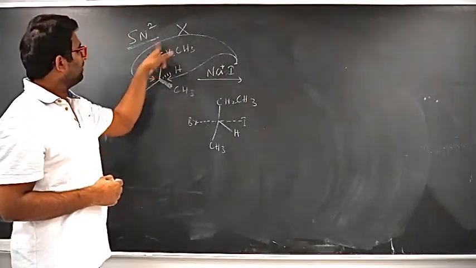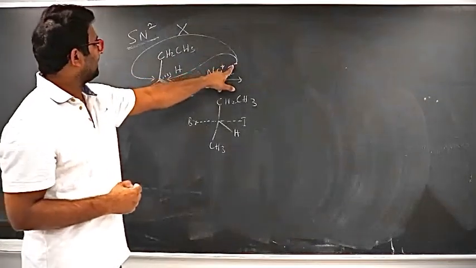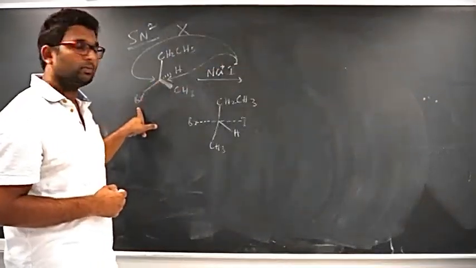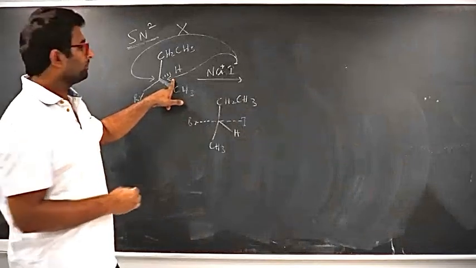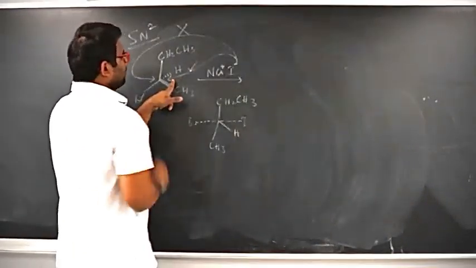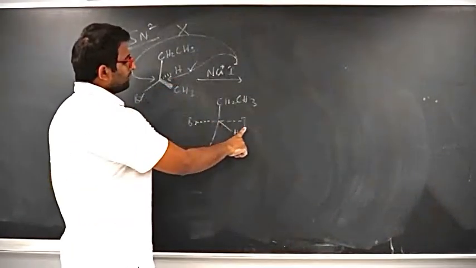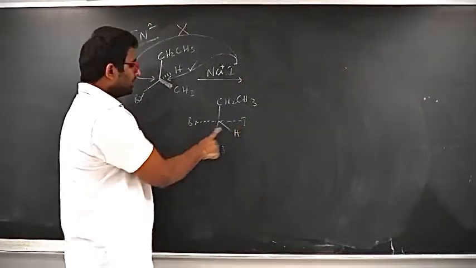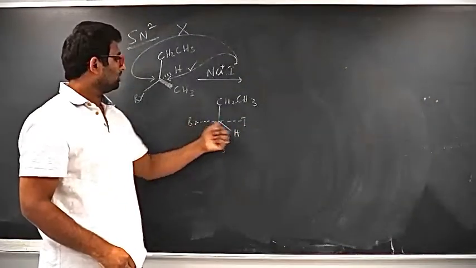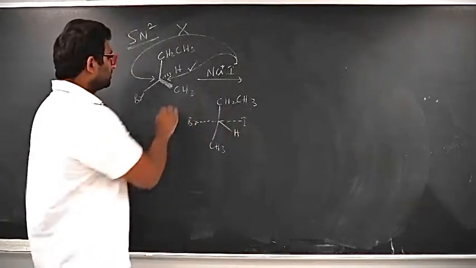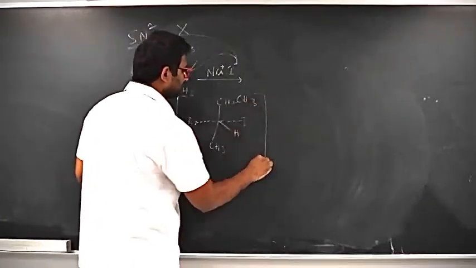So rather than coming from the same side, it attacks the carbon bearing the leaving group from the backside. So this is the possible way. That's why we have the incoming iodine and the leaving group bromine on different sides. So this is how the transition state looks.